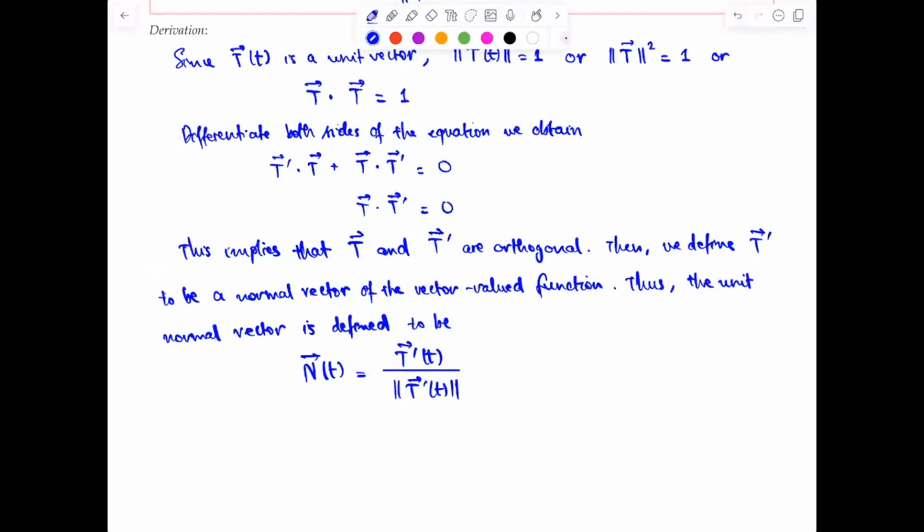Okay, so that's how you derive the unit normal vector. It's coming from the idea of the unit tangent vector, and this unit normal vector is orthogonal to the unit tangent vector. You okay with that? Okay.